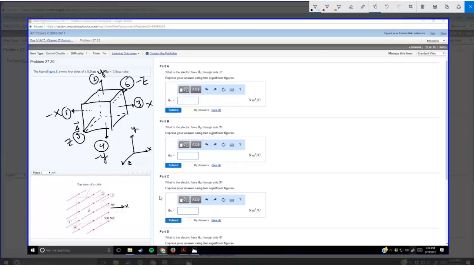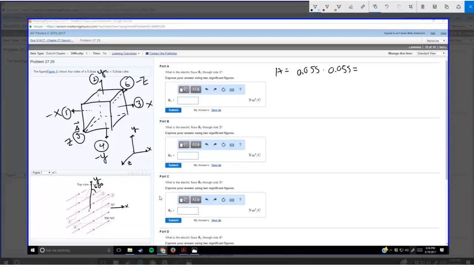So here's x, here's y. Right, so this would be 60 degrees. Okay, so the area of each face is, because it wants it in square meters, we'll do that area in square meters, 0.055 times 0.055, because it's in centimeters.